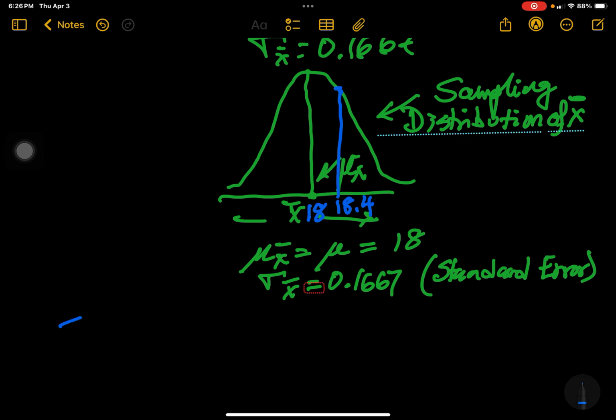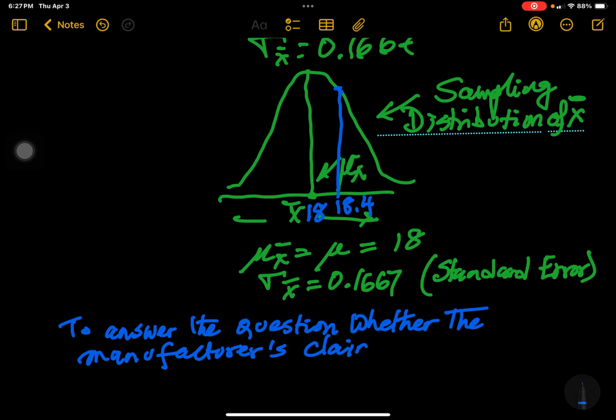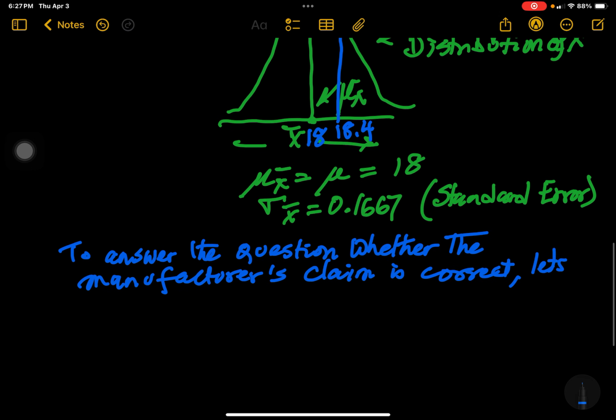So to answer the question whether the manufacturer's claim is correct, let's calculate probability of X bar greater than 18.4.